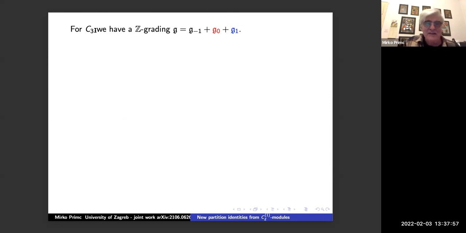So for C3, we have a Z grading of our symplectic g into g minus 1, g0, and g1. And these are commutative.